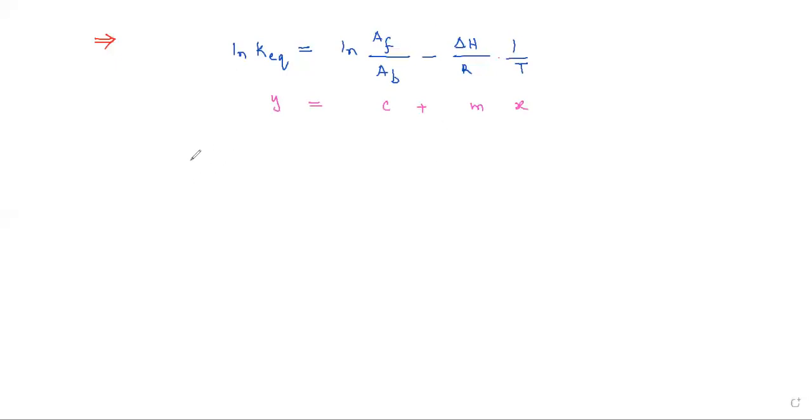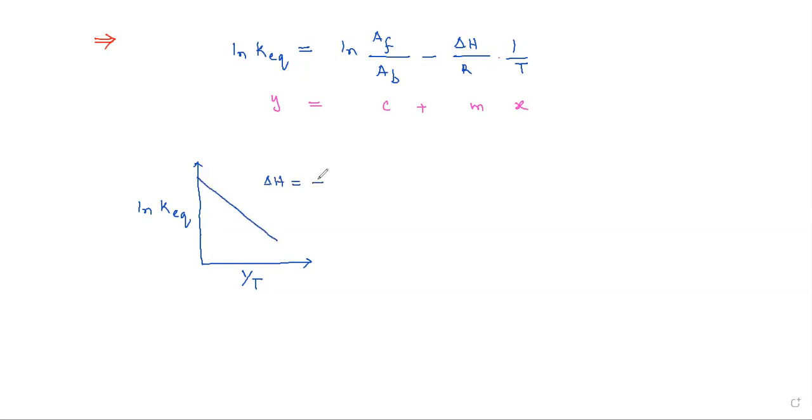Now, see, for an endothermic reaction, if we plot a graph between log K equilibrium and 1 by T, then that would be like this.